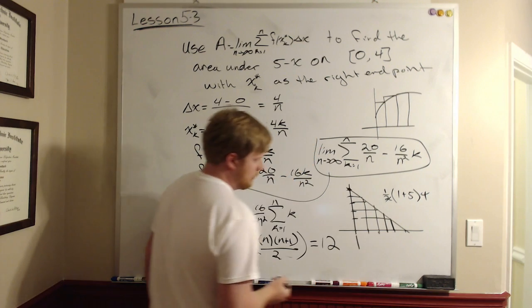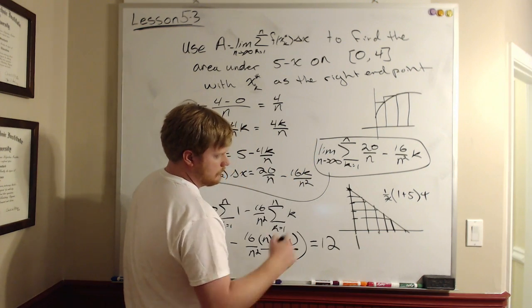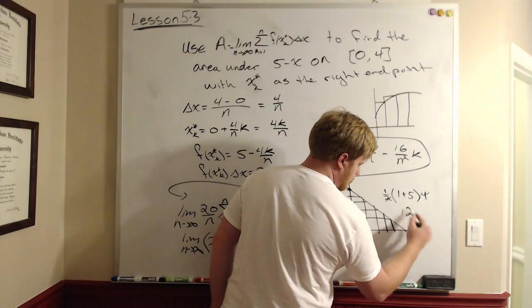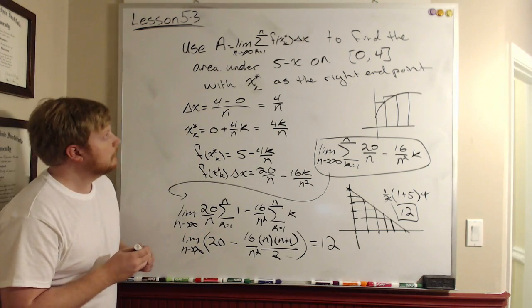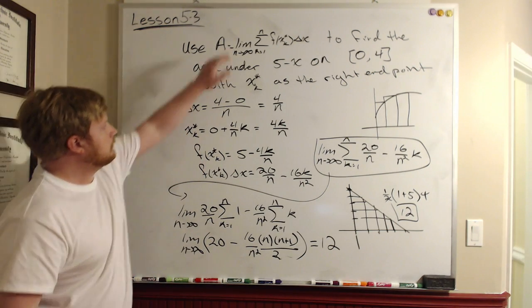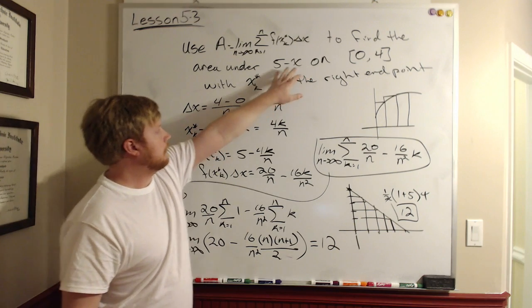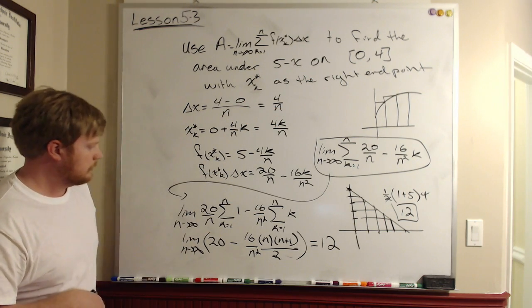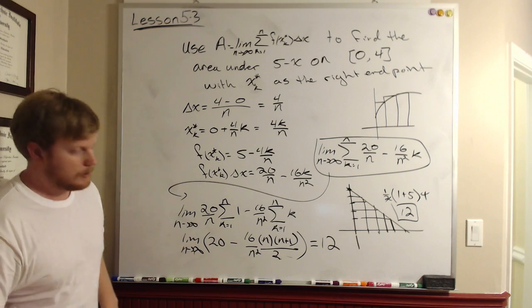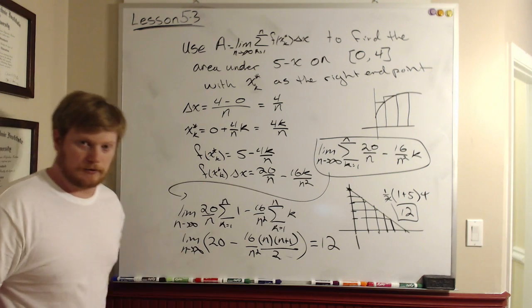So that's 2 times 6, which is 12. Checks out. The definition of area of 5 minus x on the interval from 0 to 4 gave me 12, and when I did it geometrically, I got 12 as well.